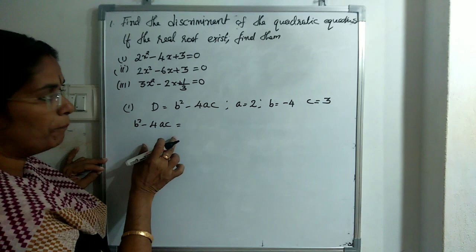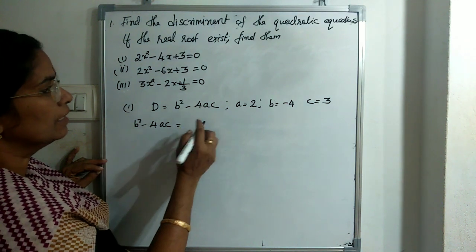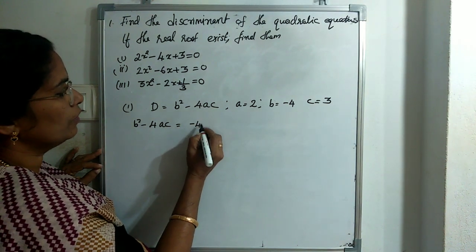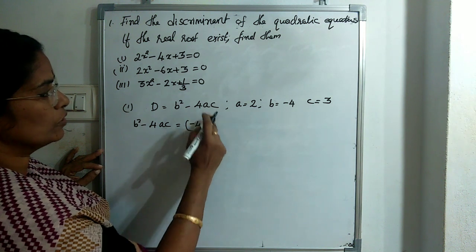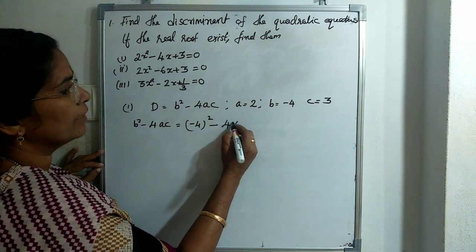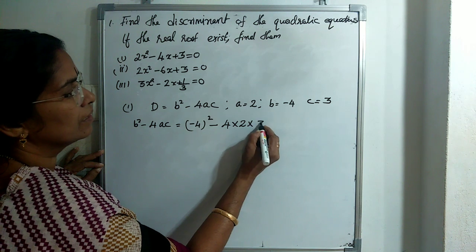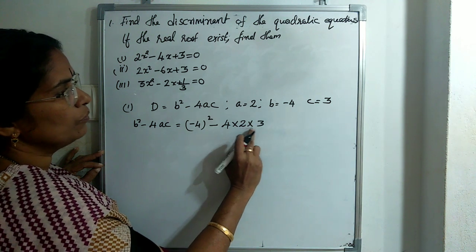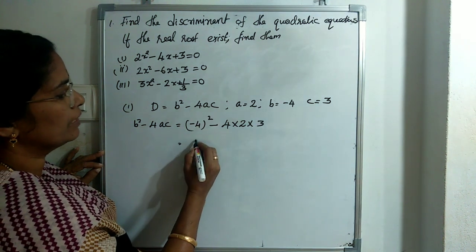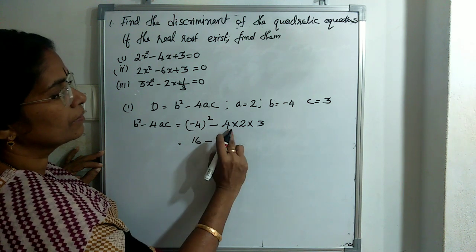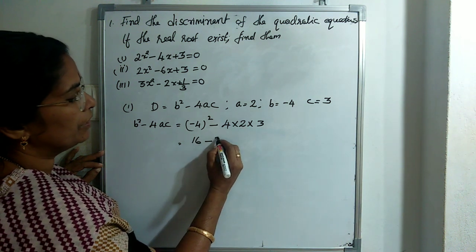After that you have to apply the values in b square minus 4ac. Here b is equal to minus 4. Its square is minus 4 whole square, minus 4ac, 4 into a is 2, c is 3. So minus 4 square is 16 minus 6 fours are 24.